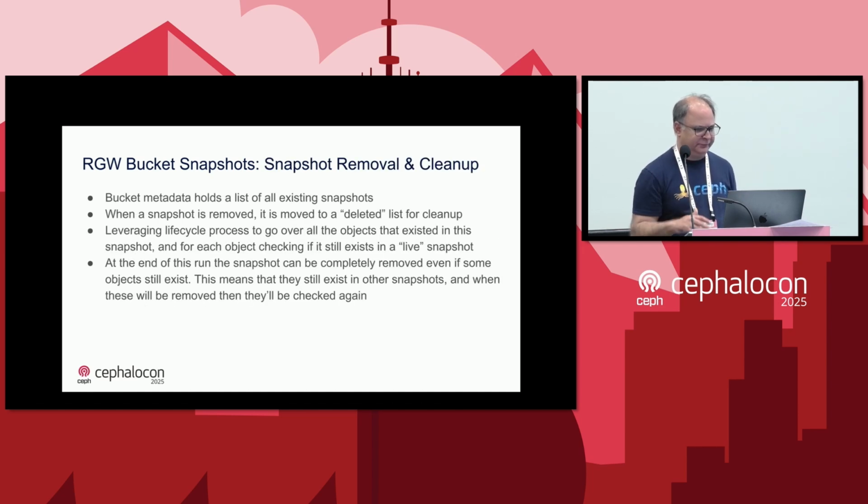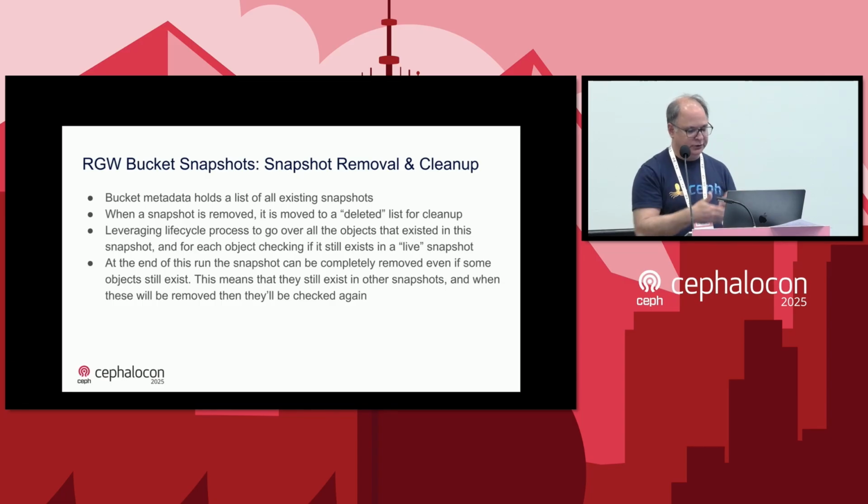And finally, the process of removing a snapshot and cleanup is handled like this: when a user wants to delete a snapshot, we move that snapshot into a list of snapshots that are about to be removed. And then we trigger the lifecycle process, internally going over all the buckets and all the objects in each bucket.